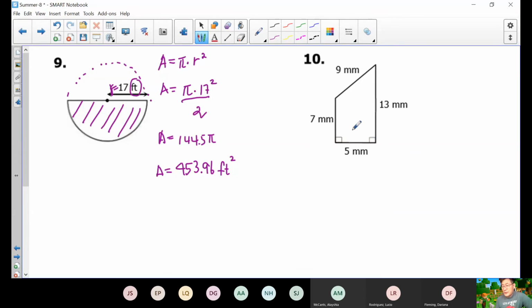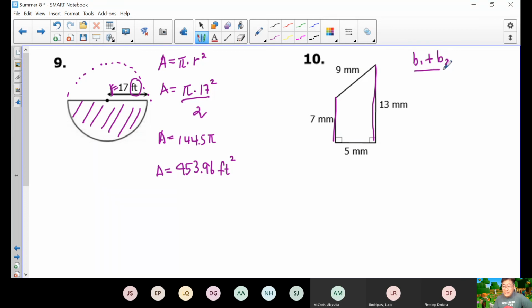Okay, now number 10 is tricky. The reason it's tricky is because it looks like this is a base and a height. No, it's not. This is base 1, this is base 2. So what do we do? Base 1 plus base 2, because base 1 is too long, base 2 is too short.